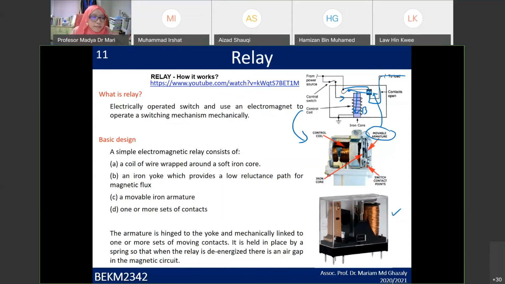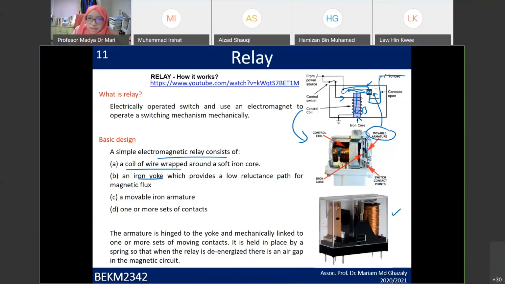So what is the basic operation, or basic design? A simple electromagnetic relay consists of a coil of wire wrapped around a soft iron core. You have the iron core over here, and then the coil wrapped around it. Then you have an iron yoke, which provides a low reluctance path for magnetic flux. You have the yoke over here, a movable iron armature which is here, and one set of contacts.